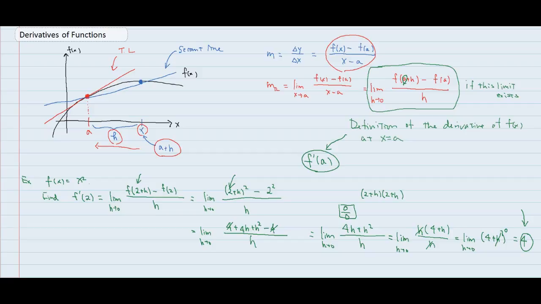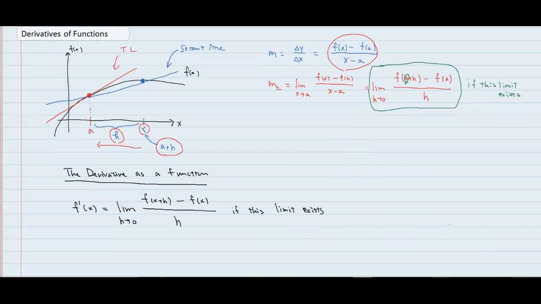So that's where the definition of the derivative as a function comes in, section 2.8. So let me just give you that definition here as well. In this earlier definition, if we allow the value of a to vary, meaning we're not fixing that particular point, then we're going to leave that as the variable.